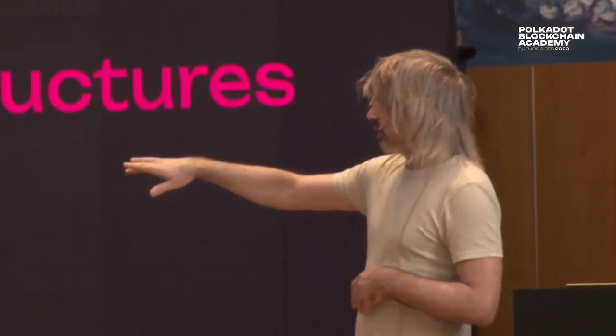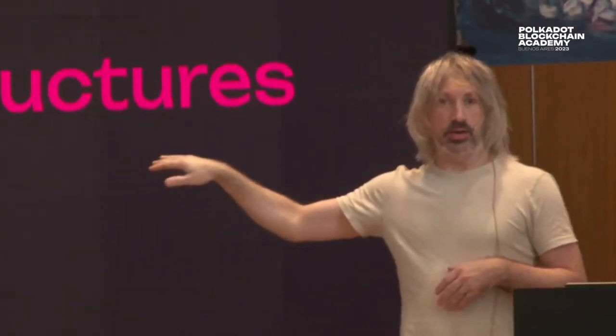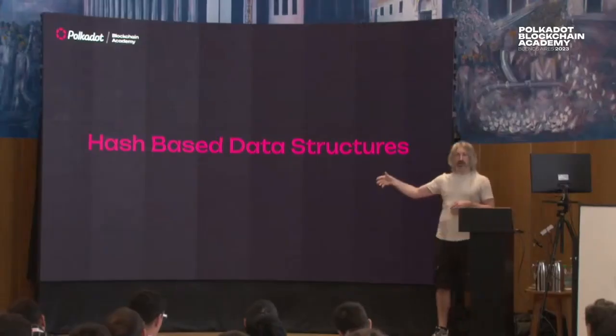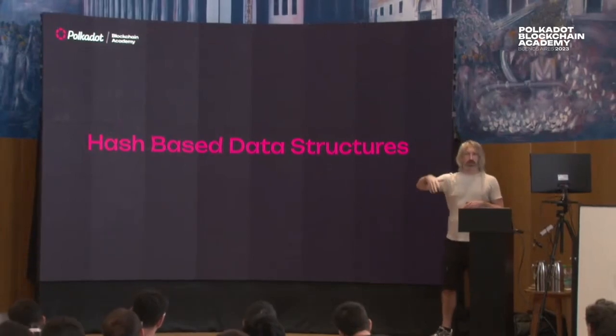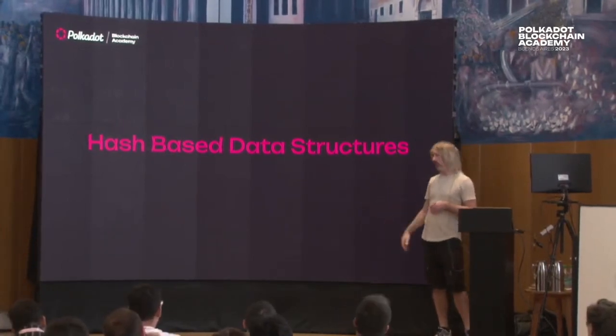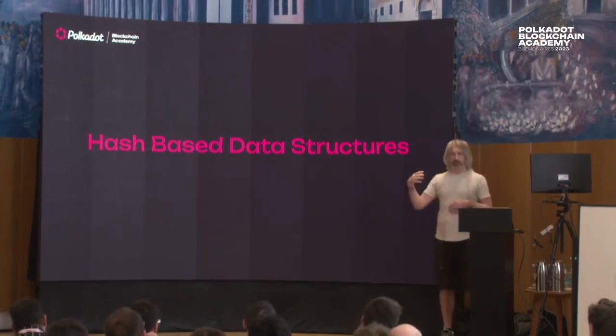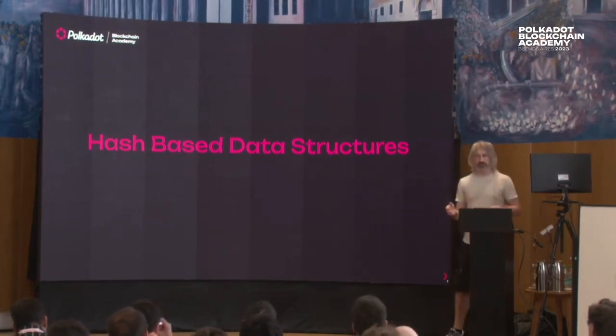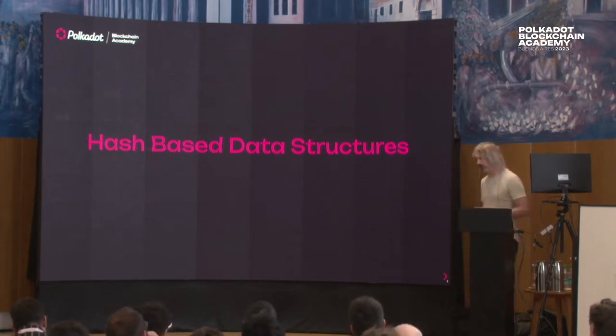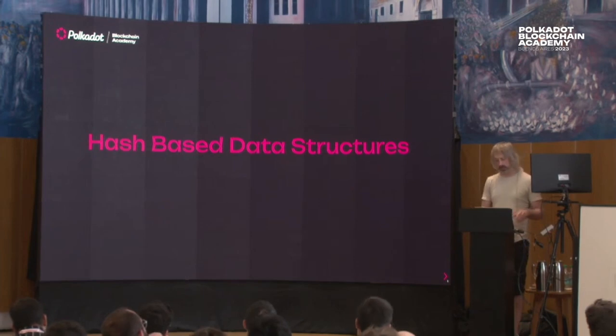Knowing how these work and knowing why they might go slow, why they might go fast, why they might be insecure, knowing that stuff is crucial in designing a dApp that's actually going to stand the test of time, that's going to work well, that's not going to fall on its face when it gets the 10,000th user or whatever.